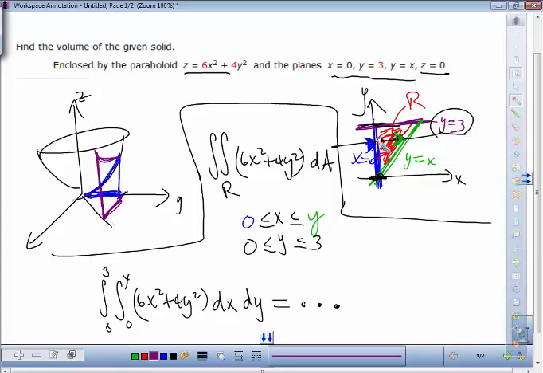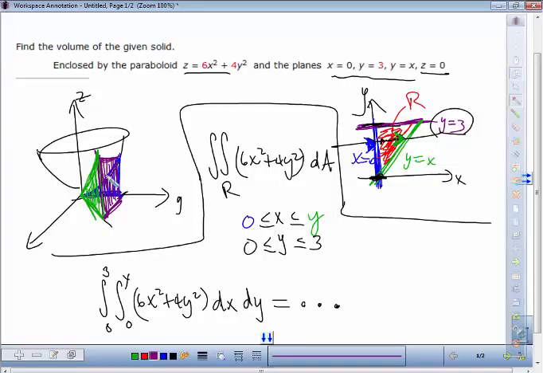Right here. And then I'm going to draw the x is equal to y plane. So if you imagine the space in between, that's the volume that you were looking for.